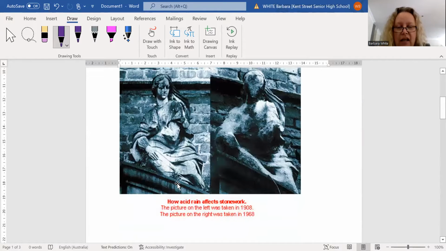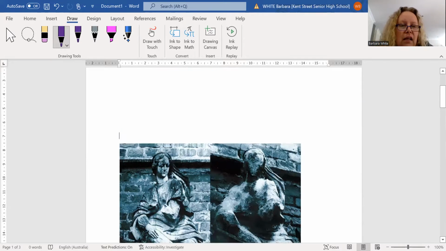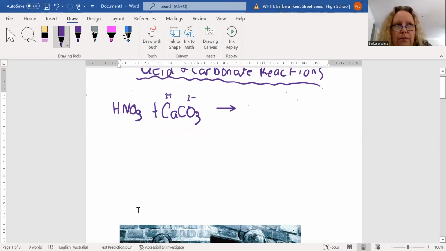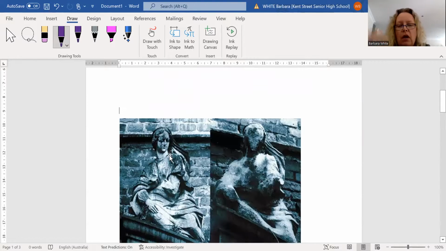It's got dates in there, 1908 to 1968, that's the difference. Nitric acid comes from industrial pollution, when the nitrates in the air pollution mix with rain, and it makes the rain slightly acidic. Slightly acidic rain is enough to make the calcium carbonate wear away, like this one.